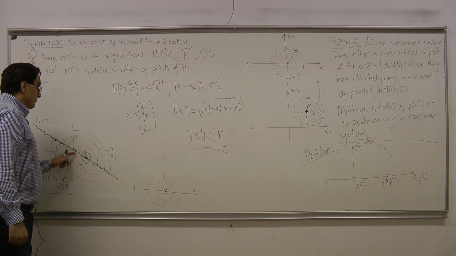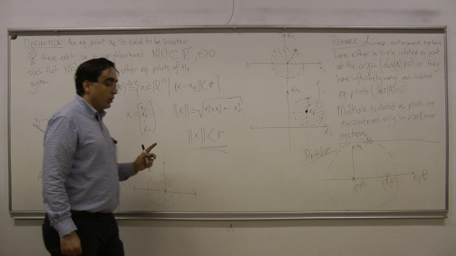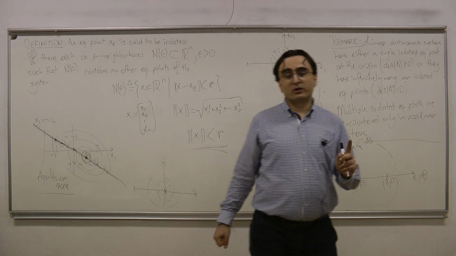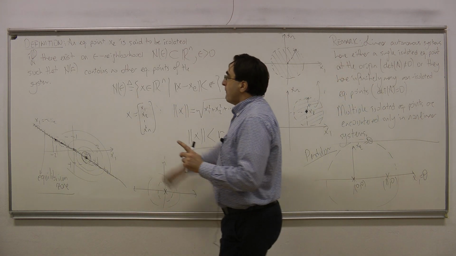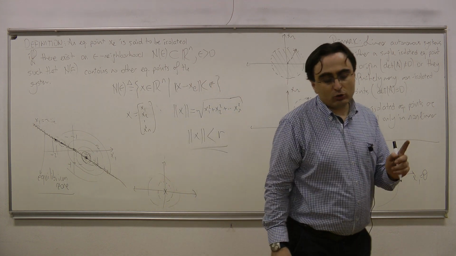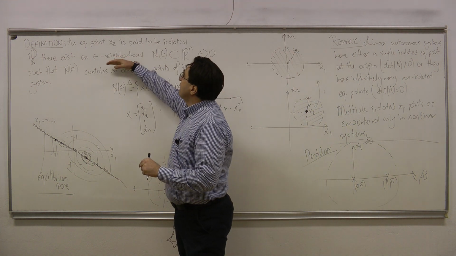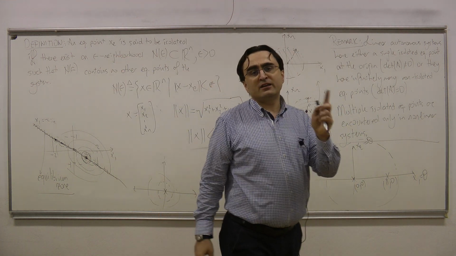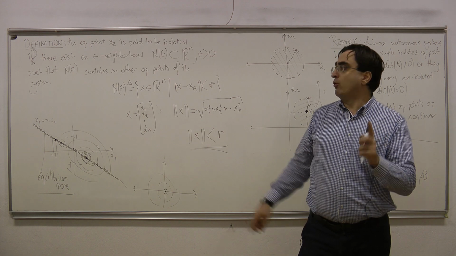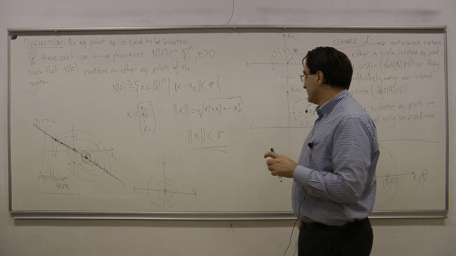That is what I need in order to call an equilibrium point non-isolated. But to call an equilibrium point isolated, it is sufficient that I find only a single epsilon ball for which that property is satisfied.